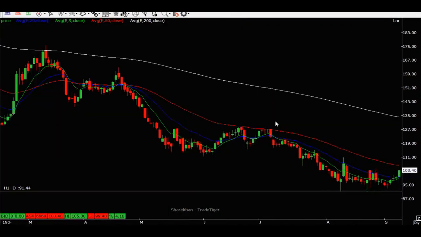right, so as you can see here, this green line is the 9 EMA, this blue line is the 20, the red line is the 50 EMA, and the white line is the 200 EMA, right? So one is fast, one is a medium one, one is a kind of slow one, and this is a very super slow one.